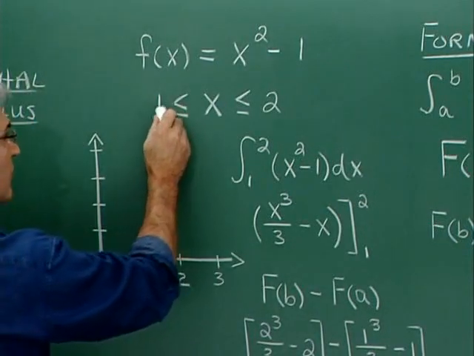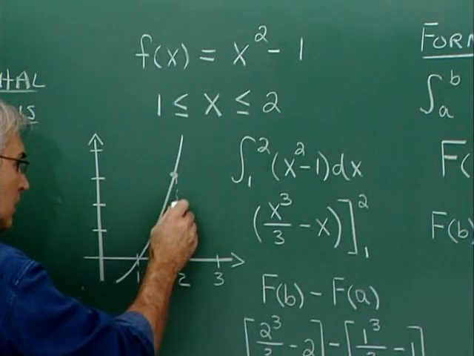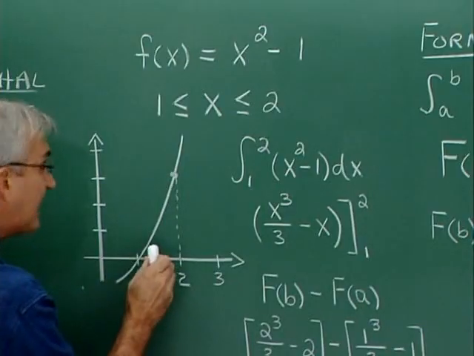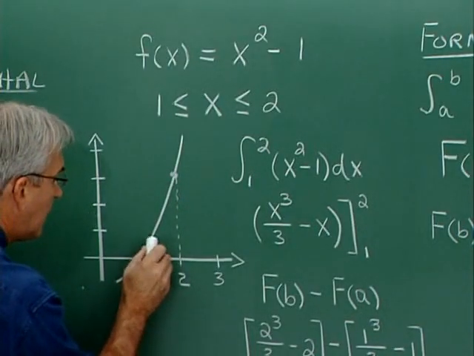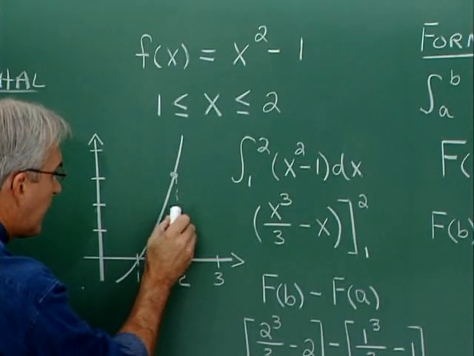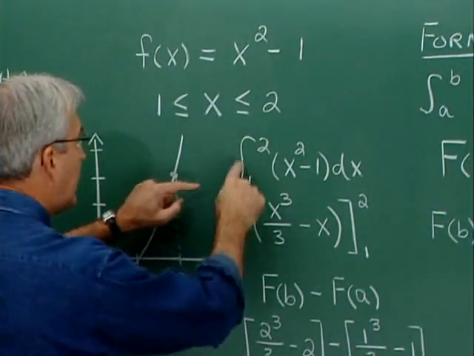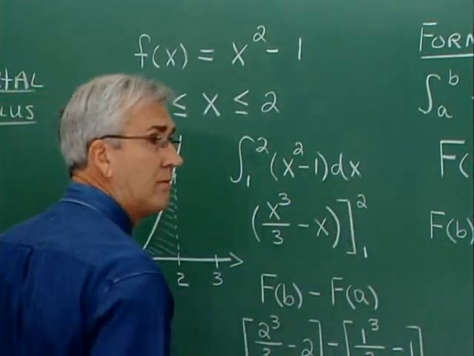In the interval from 1 to 2, here's our graph, and we're calculating with this definite integral within this interval this area. The notation for it is the integral from 1 to 2 of our function dx. All right, that's all there is to it.